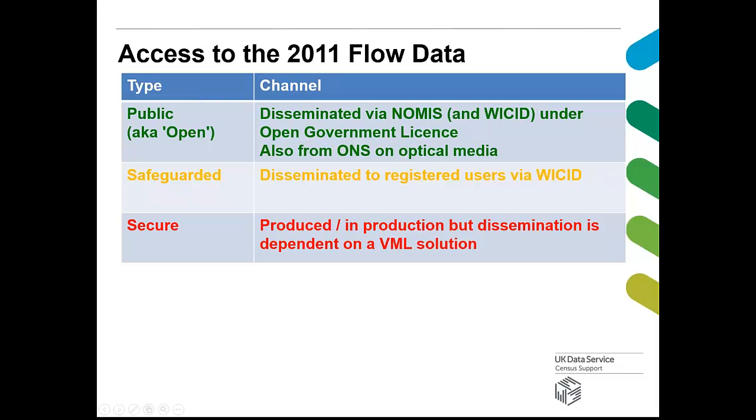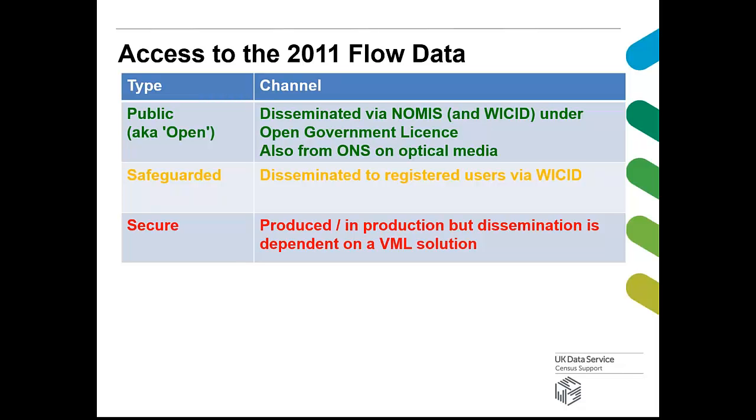I mentioned a moment ago, in the previous slide, different access levels. This is a new idea for 2011 data. And it recognizes that there's a trade-off between the amount of information that can be published in terms of the spatial scale and the level of attribute detail, whilst retaining confidentiality within the data.